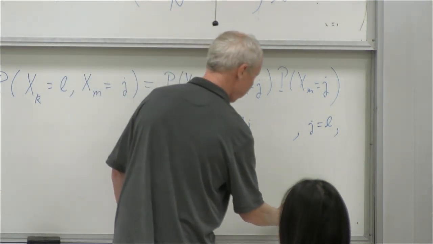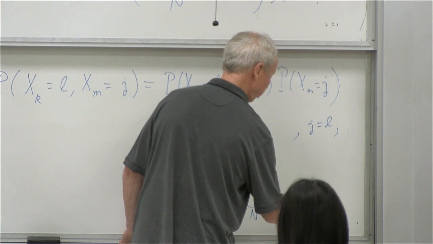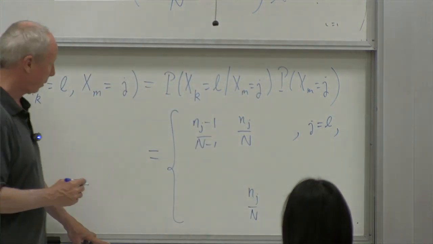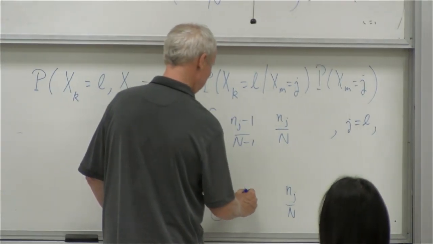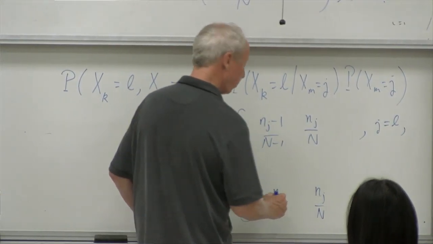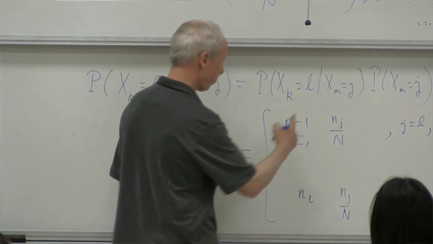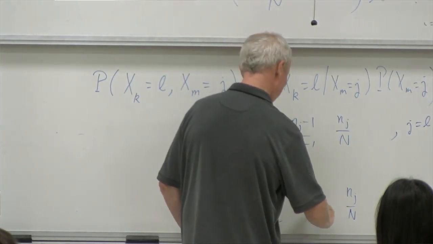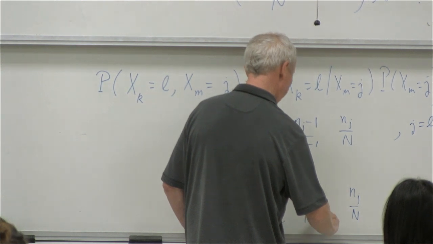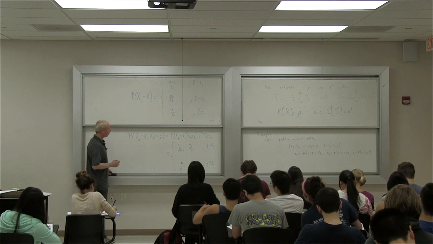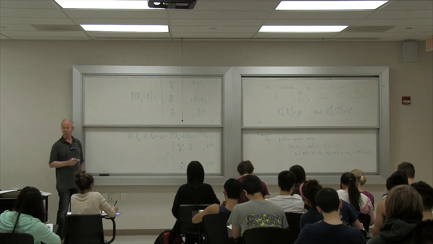If j is different from L, then I still have n sub L people with opinion L, because I didn't pull one under this conditioning. But I do have one fewer person. So it's this product or that product. Okay, so this gives the probability distribution for the pair.